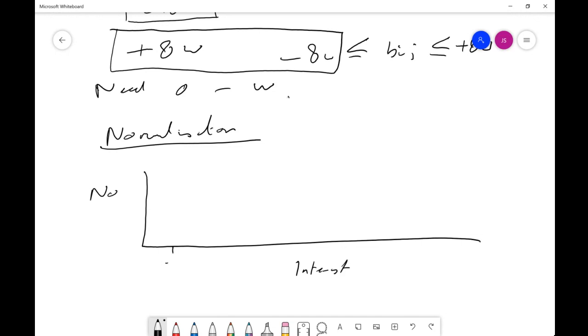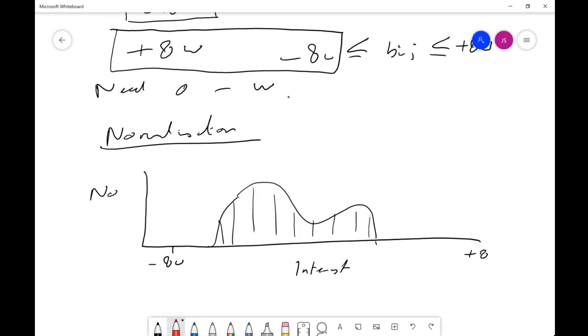And we will have our limits there, minus 8W to plus 8W. And you will have the histogram is something like that. It's obviously going to be digitized. We can identify this 0 will be somewhere in the middle. We can identify this as G min, and we can identify that as G max, the limits.